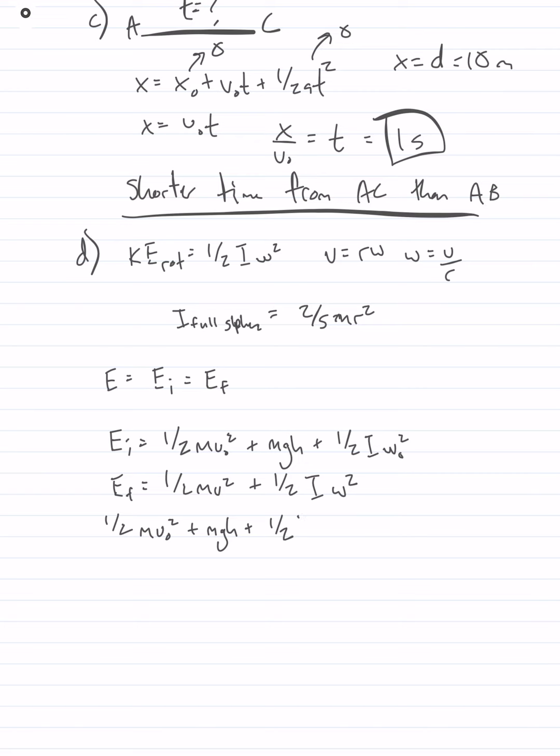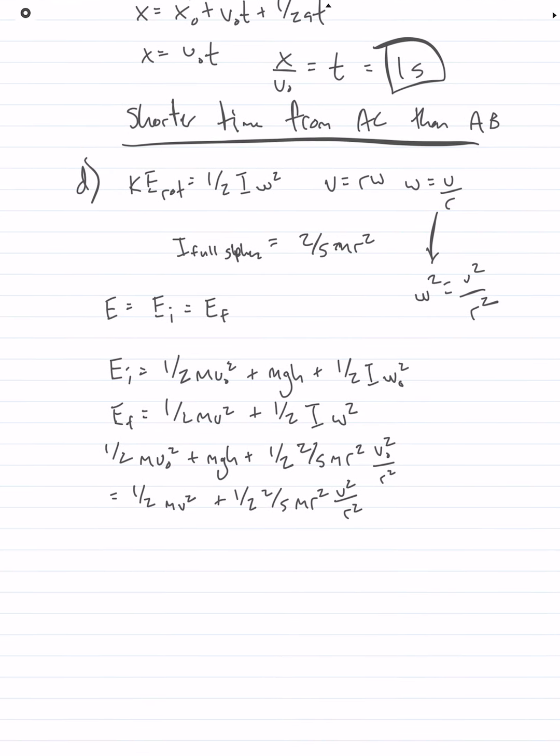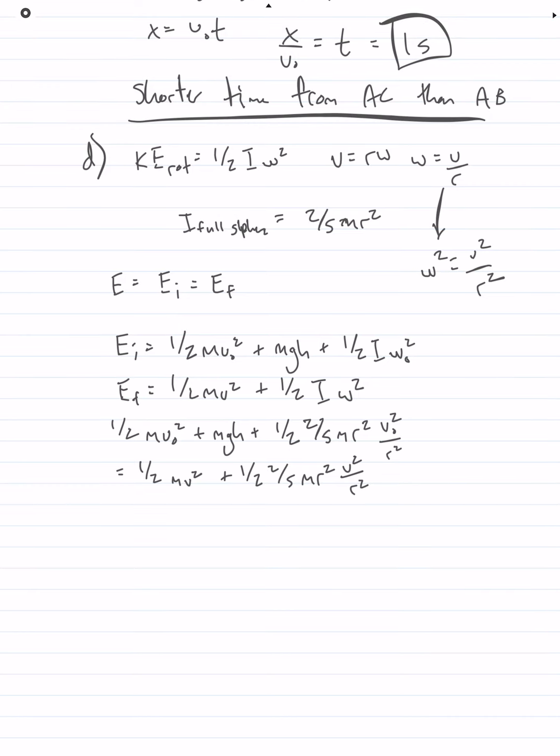So I'm just going to put what that's equal to, 2/5 mr squared, and omega squared, and over here, omega squared will be v squared over r squared. So we have v0 squared in this case, over r squared. And this will be equal to the 1/2 mv squared plus, basically the same as I just wrote, 2/5 mr squared, v squared over r squared. So the only difference being that we are using the final velocity instead of the initial velocity on the right, just as in part A.